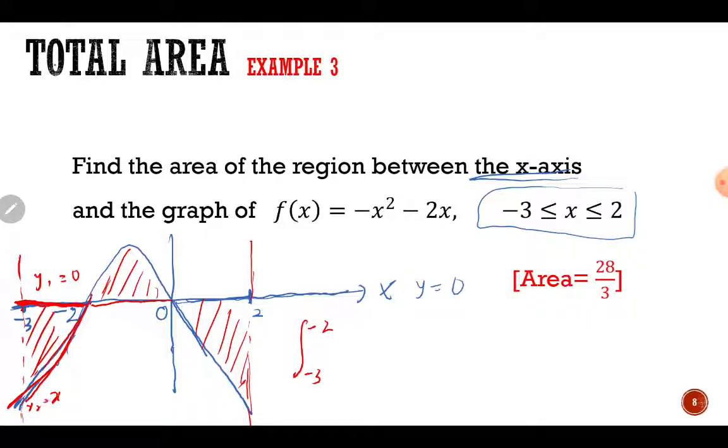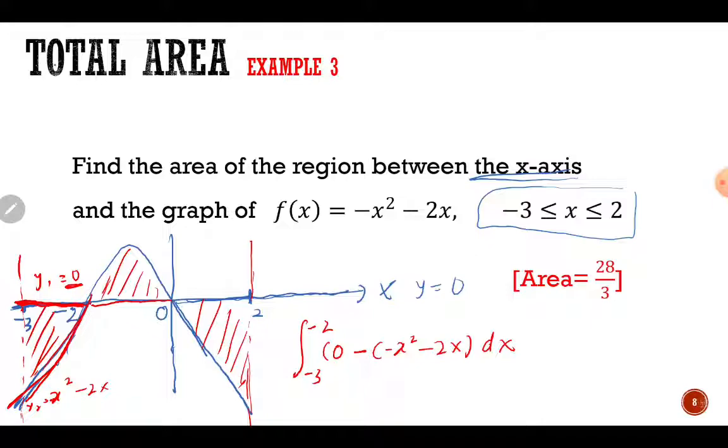Saya guna Y2 yang kat bawah. Sentiasa Y2 yang kat bawah. Negative x square minus 2x. So, maknanya kat sini, the integration is from negative 3 ke negative 2. Kosong, x-axis, tolak dengan negative x square minus 2x dx.